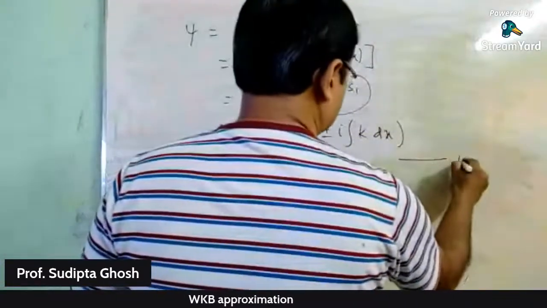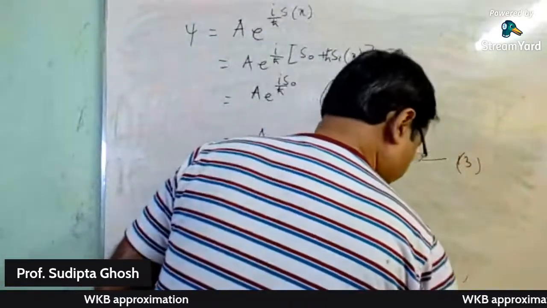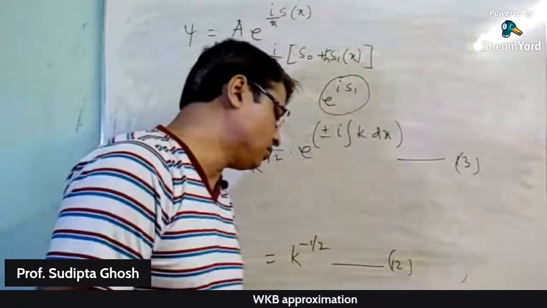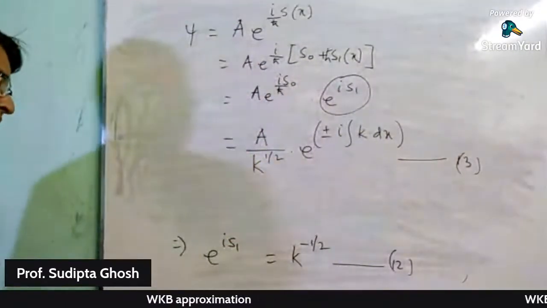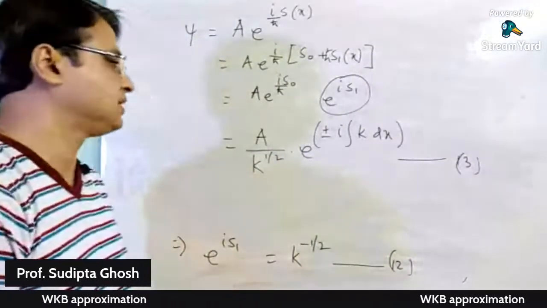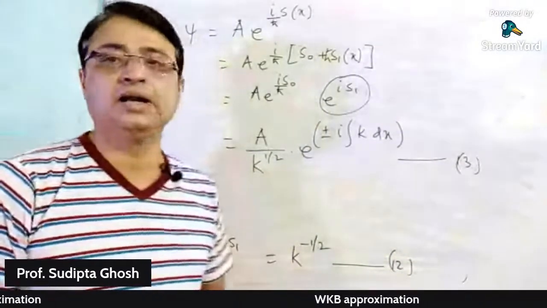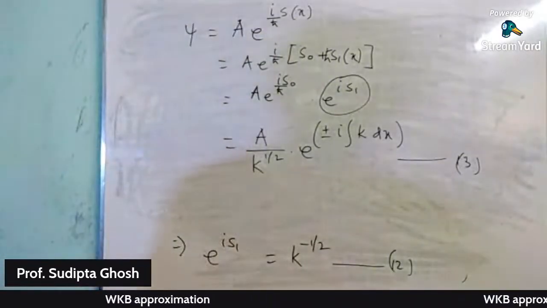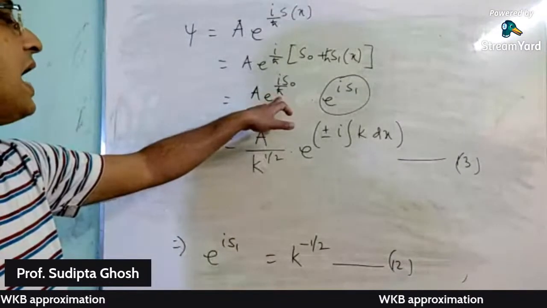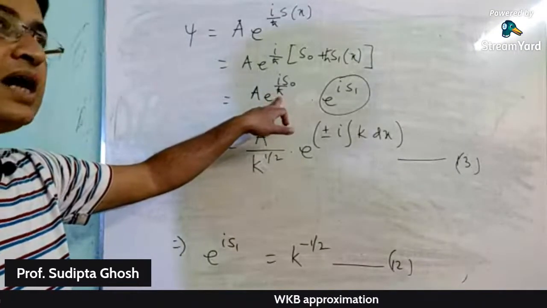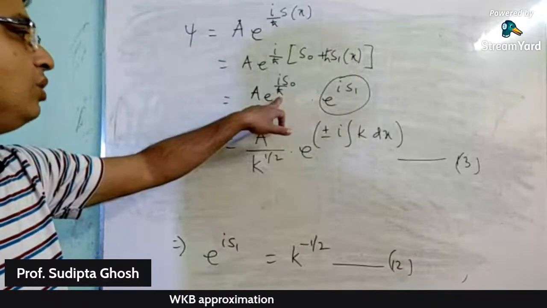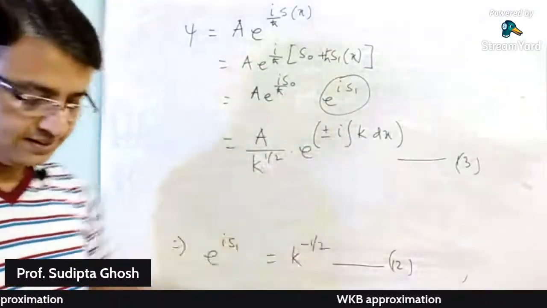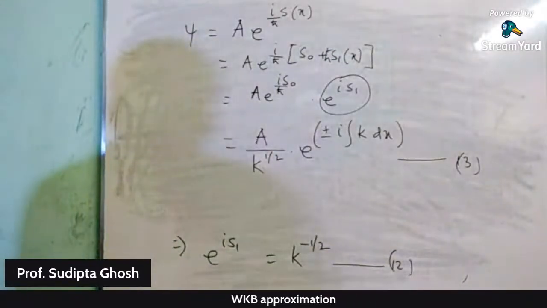This is equation 13, because the value of S0(x) was plus or minus integral h-cut k dx, and here it was i by h-cut, so h-cut k becomes only k, so it is the integral of k dx. This is our equation 13.